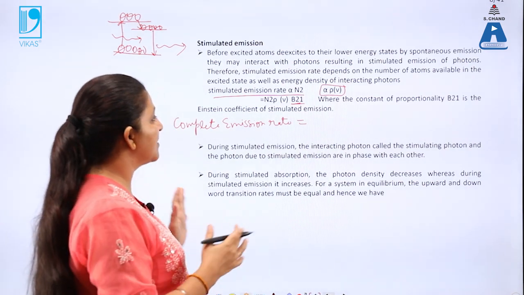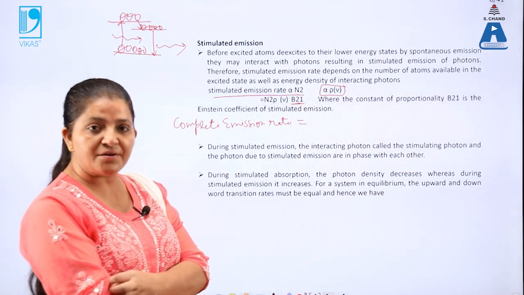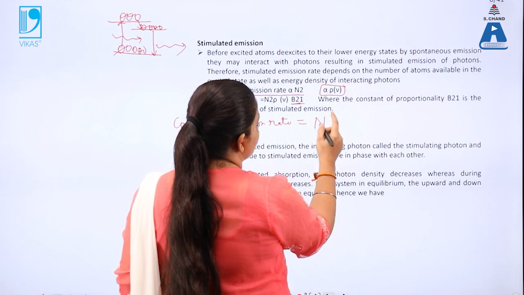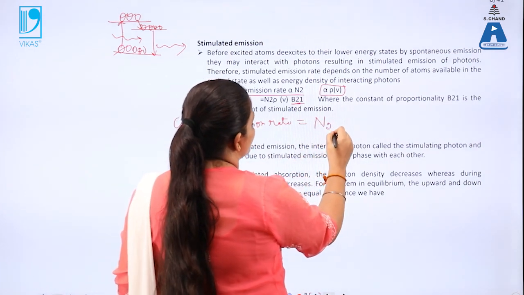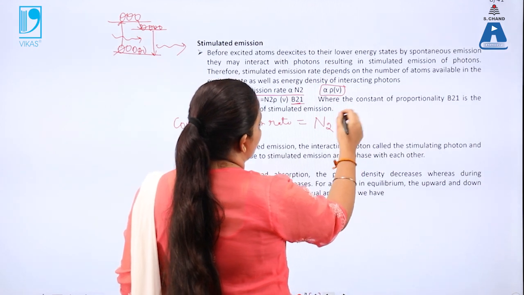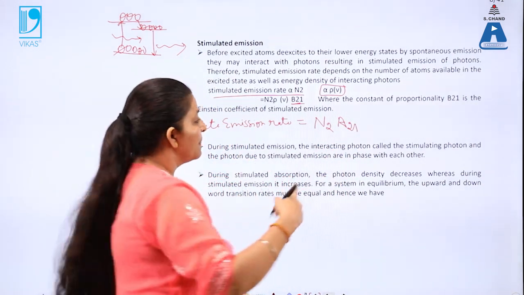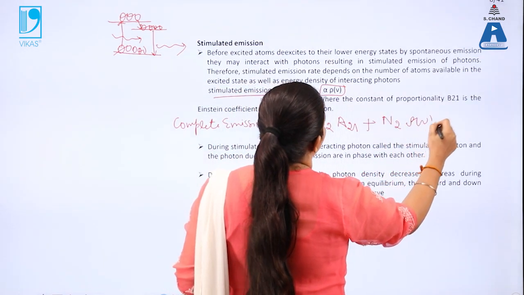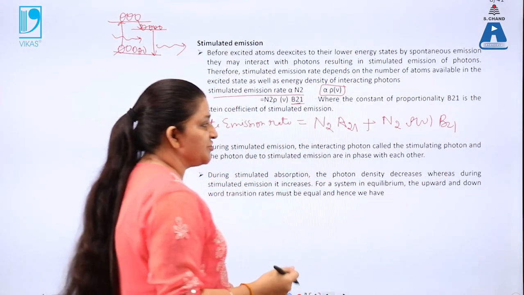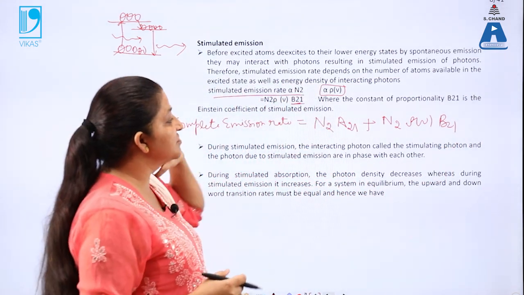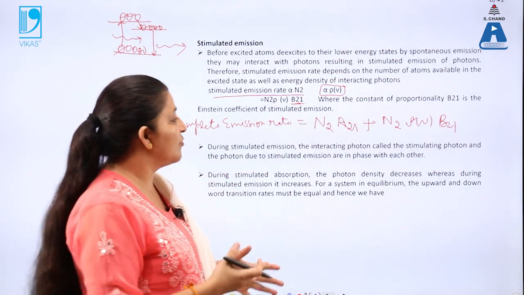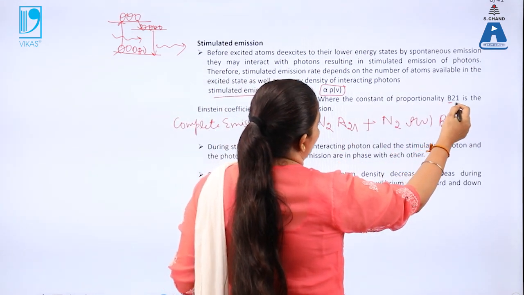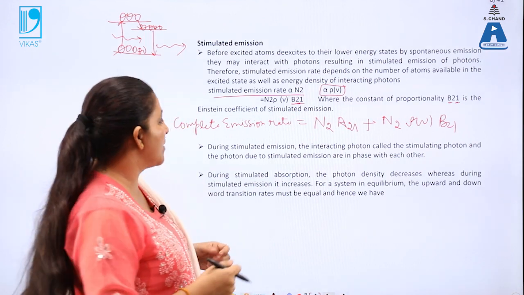Firstly the spontaneous emission is N2 into A21, which means transitions take place from the higher state to the lower state, plus N2 into rho nu into B21. Why is there a coefficient B here? Because in this case radiations are supplied, so it is stimulated. So the atoms are stimulated and jump from state 2 to state 1, and that's why the coefficient B21 is written here.